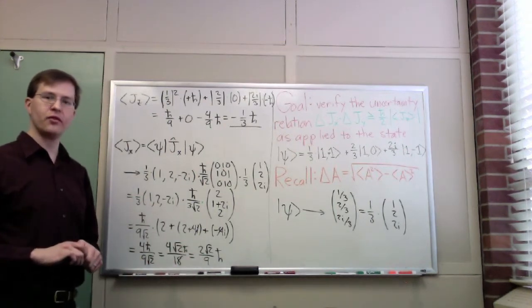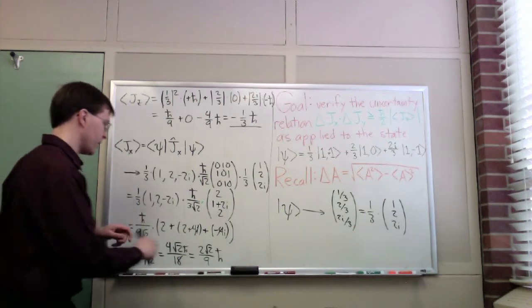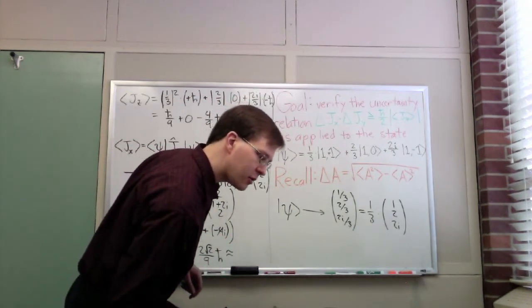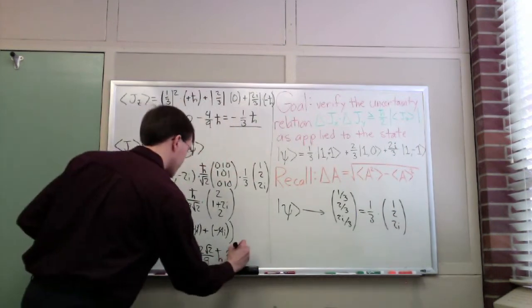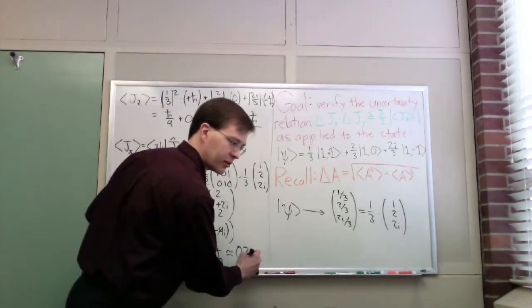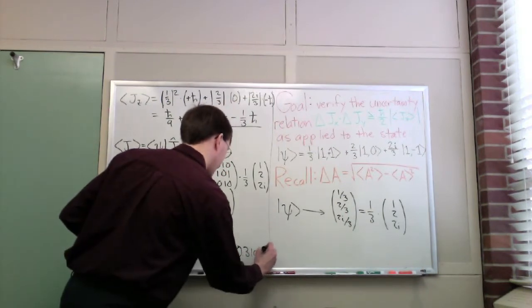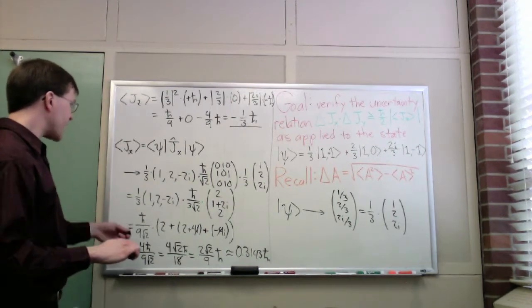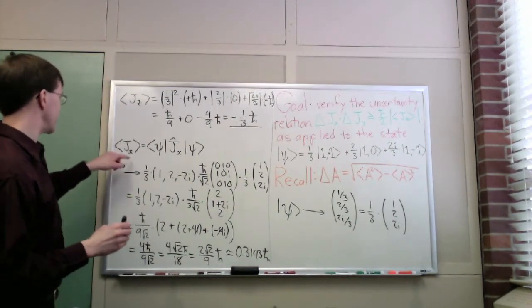If you put that into a calculator, that'll give you roughly 0.314 h bar. No hidden pies floating around. So that's our Jx expectation value.